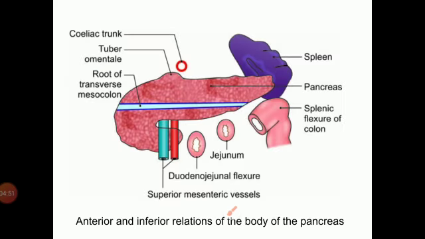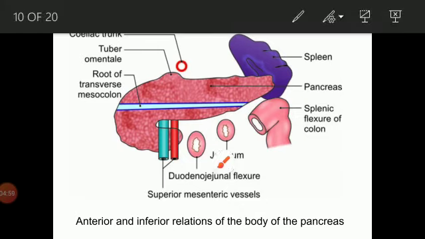This anterior border of the body of the pancreas provides attachment to the transverse mesocolon. So this is the root of the transverse mesocolon, which is attached to the anterior border of the pancreas. The superior border shows the presence of a projection, and that is called the tuber omentale.